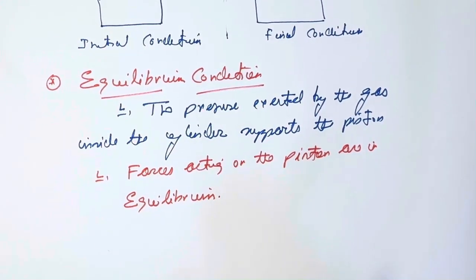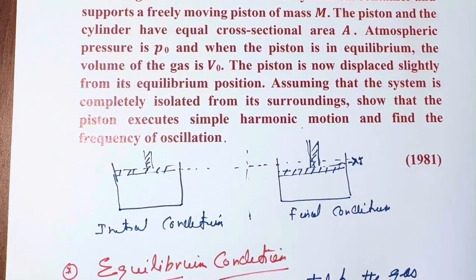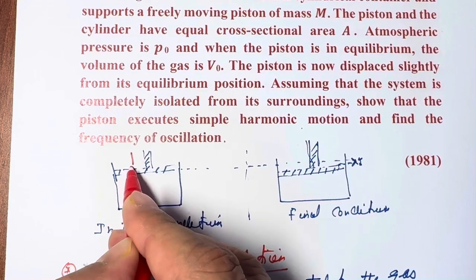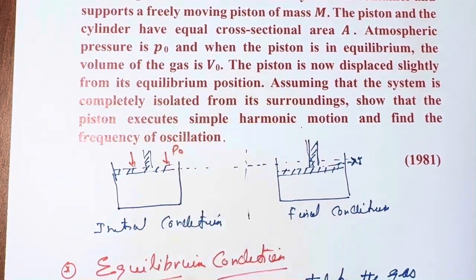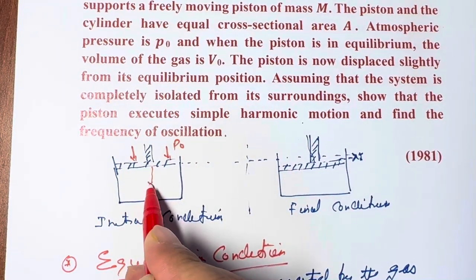So it means the downward force acting on the piston will be equal to the upward force. In the downward direction, there will be two forces. One force will be because of the atmospheric pressure, that is P0, and another force in the downward direction will be because of weight mg.